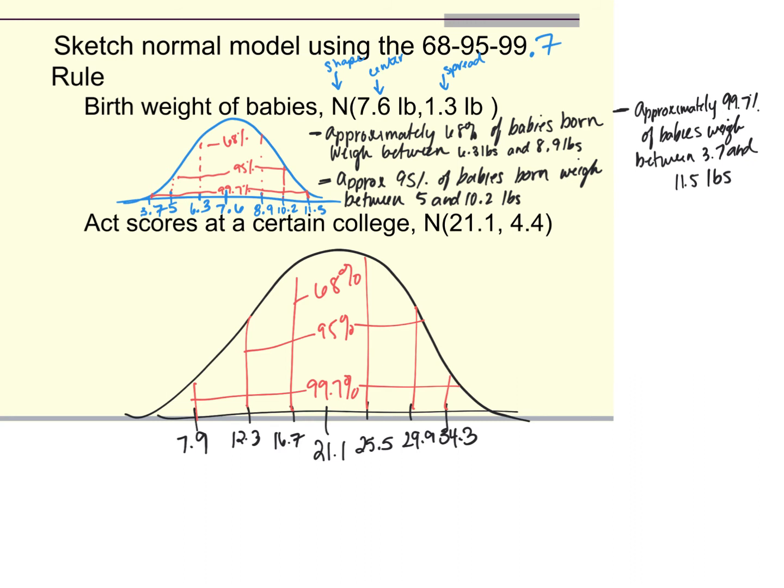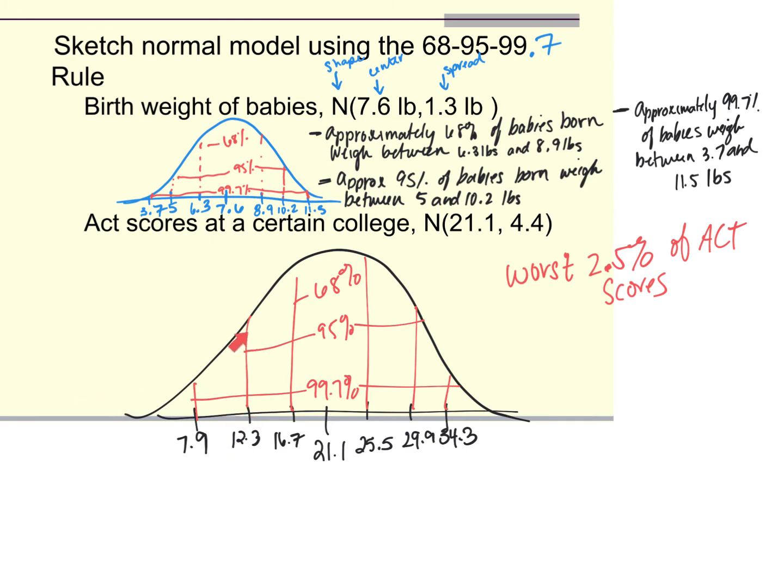Can you describe the worst 2.5% of scores? Where are the worst 2.5% of scores? What score is that below? Right? Wouldn't that be less than 2 standard deviations from the mean?